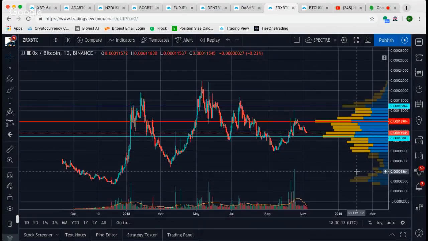Every chart has an x-axis on the bottom and a y-axis on the right, if you're using a Cartesian 2D chart. So the volume on the right is in relation to the y-axis, which is price. When the volume was at this price, it was traded more often than any other price on this chart. That's how the point of control is determined by the volume profile on the side there.